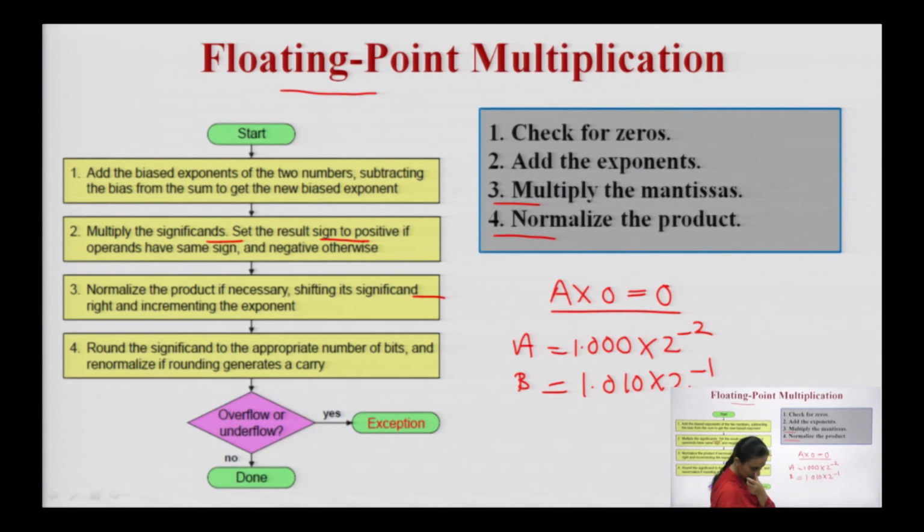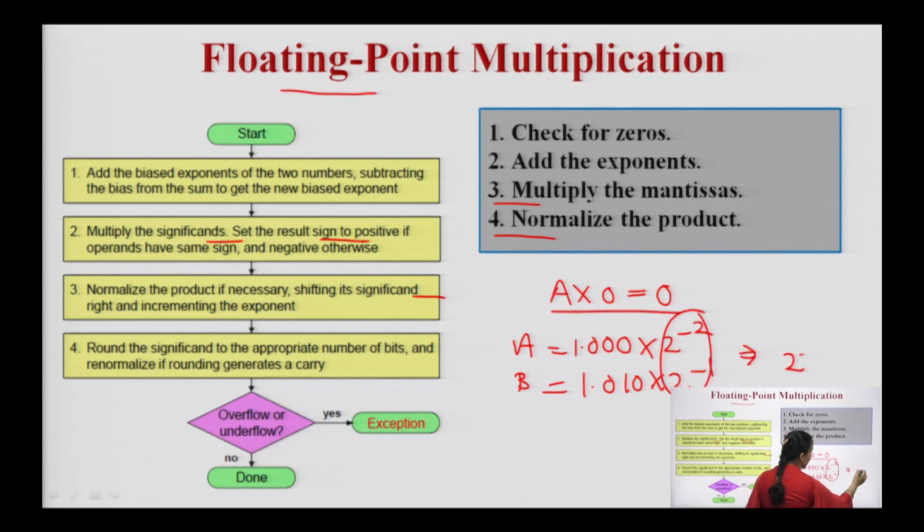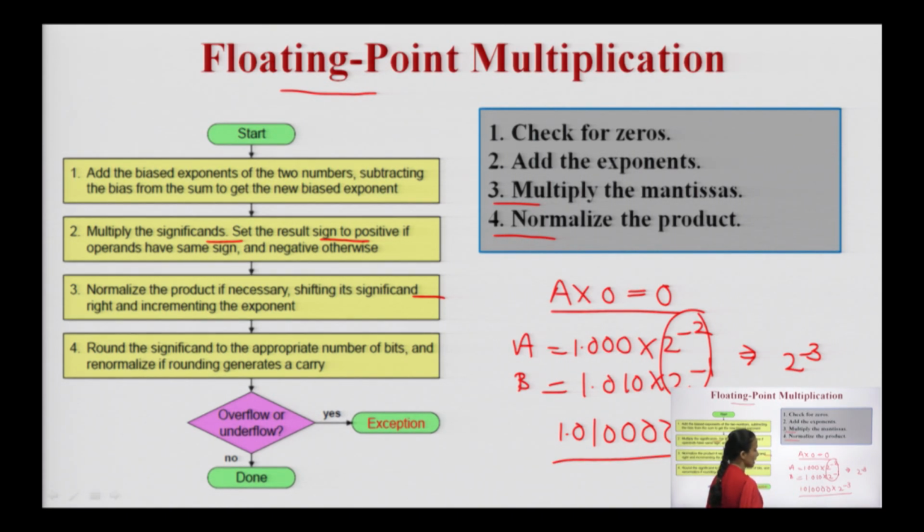Then after multiplication, first the exponents will be added, giving 2 to the power minus 3, and on multiplying the mantissas I will get the result as 1.010 into 2 to the power minus 3. So here I will check for normalization; the number is normalized.